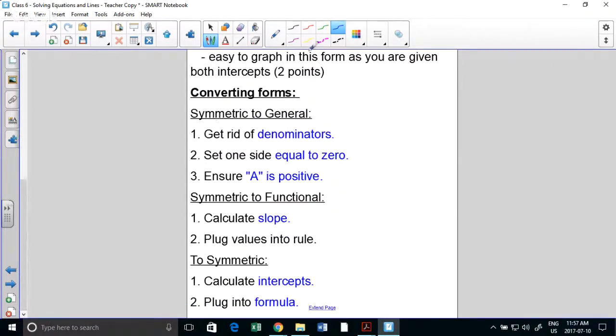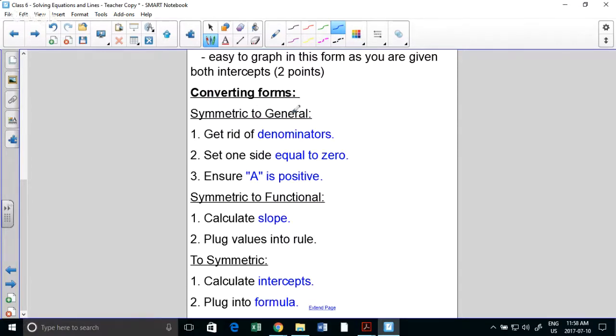So again, with conversions, all you're doing is paying attention to the criteria for each of the different forms. For functional form, you need slope and y-intercept. For this form, you need the x-intercept on the bottom of the x, the y-intercept on the bottom of the y, and one side equal to 1. For general form, you need no denominators, one side equal to 0, and positive a.